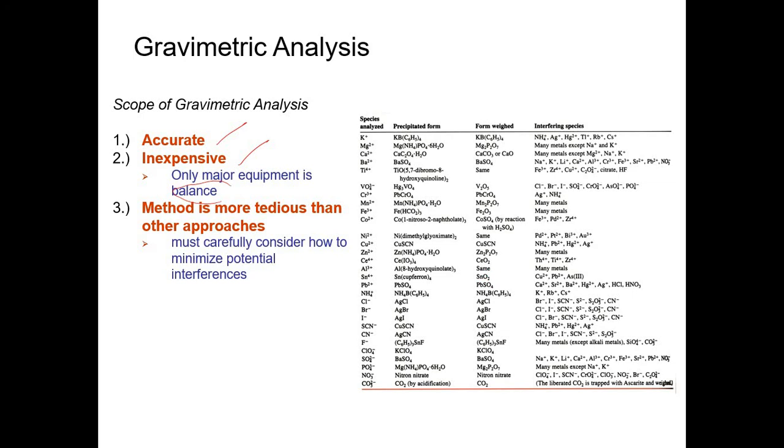The crystal should not contain impurities as much as possible. So you actually have a table for that. For example, if your analyte is potassium ion, then you can precipitate it in this form and you can weigh it in this form. So ang interfering species ana kay kini sila, so you need to think about how to remove these interferences.